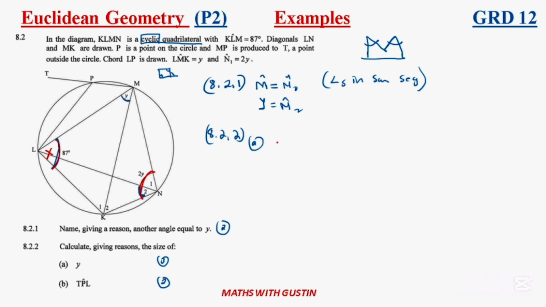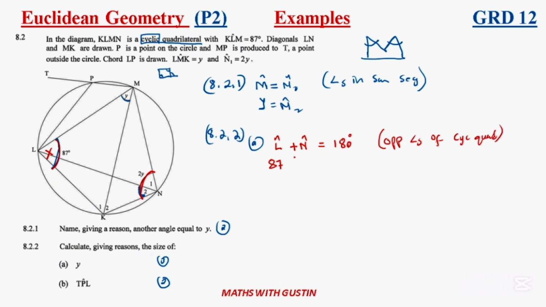So this is what you can do. You can say L plus N, the whole of N, must equal 180, and our reason in this case would have to be opposite angles of a cyclic quad. Okay, great. So now we have got 87.